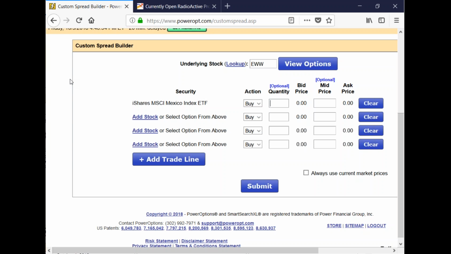But what's a way to get into a stock more cheaply without buying it? Well, selling a naked put. But then that causes a margin requirement to cover the buy.